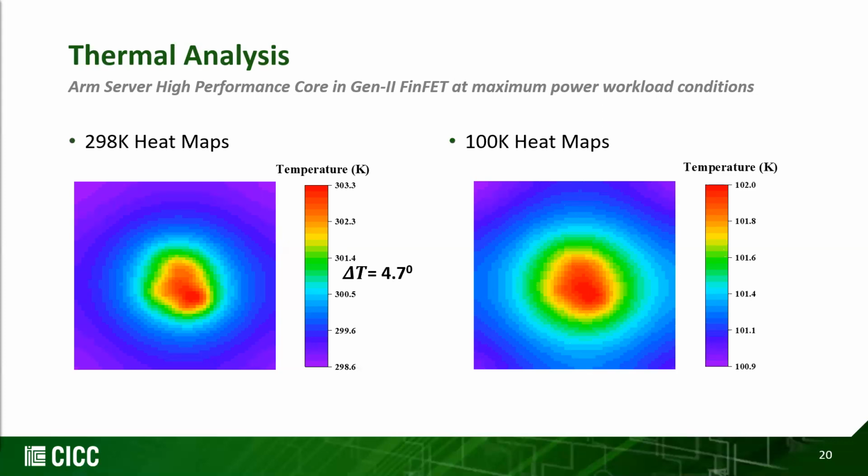Now we notice that the lowest temperature is 100.9 Kelvin and the highest point is 102. This will make the rise in the junction temperature as 1.1 degrees. Thus, we see more than 4x reduction in the junction temperature rise from 298 Kelvin to 100 Kelvin. Hence, we can infer that higher number of processors can be packed together at cryogenic temperature while still adhering to the same thermal design power limit or the TDP limit.